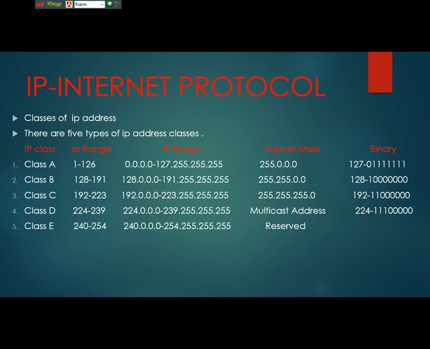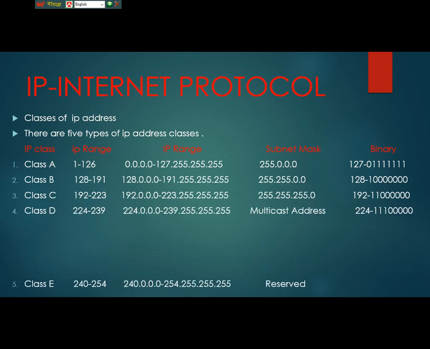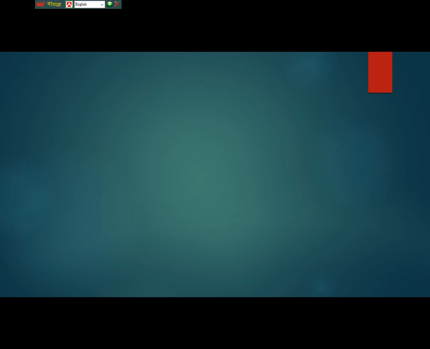Now I'll talk about decimal to binary. How to convert decimal to binary?